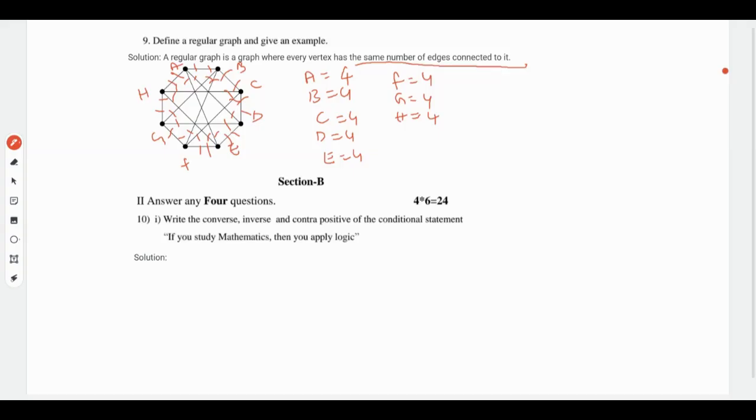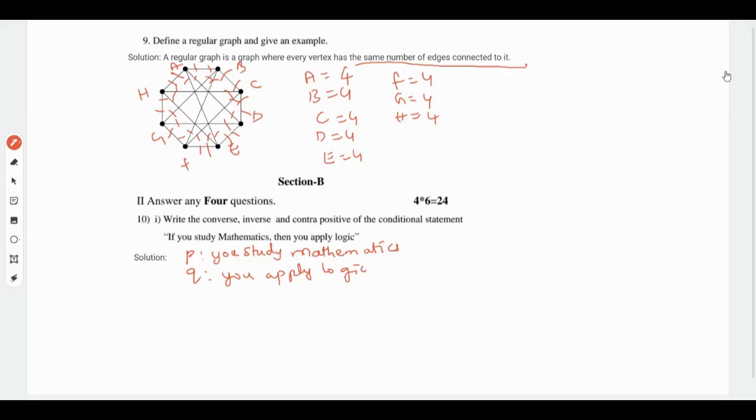Then the last one here: write the converse, inverse and contrapositive for the given condition. So what is the converse? First we'll write this statement as P and Q. P will be you study mathematics. Q will be you apply logic.